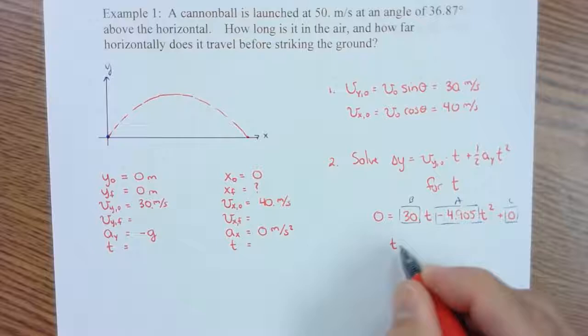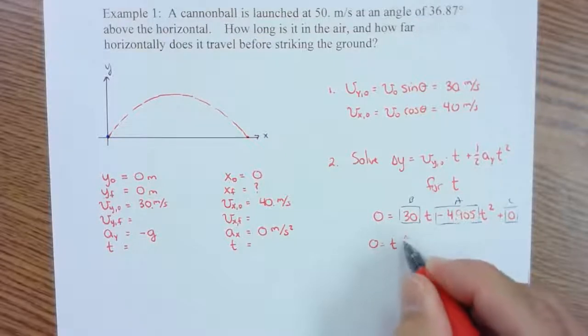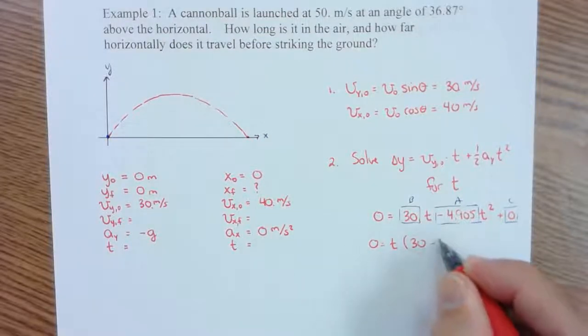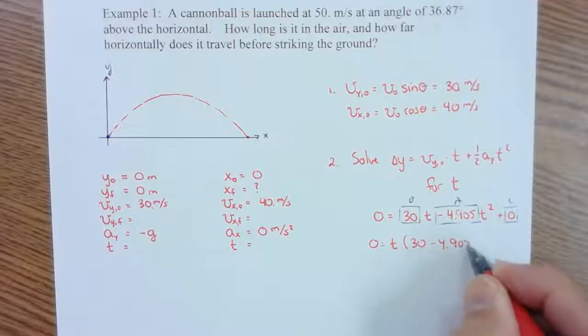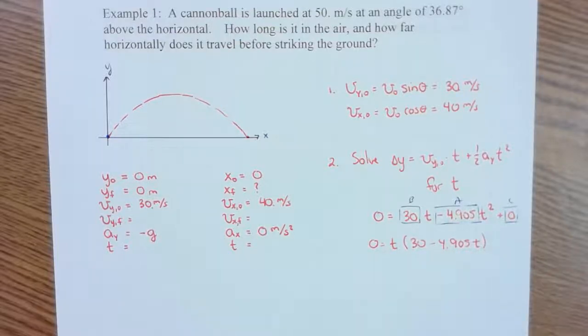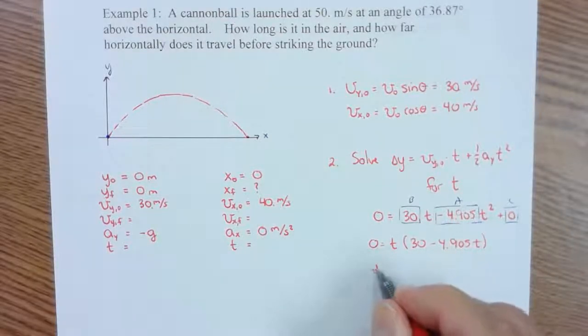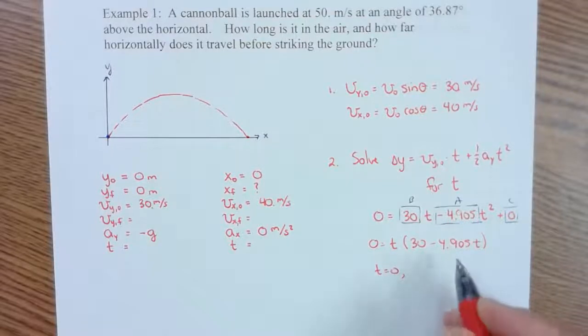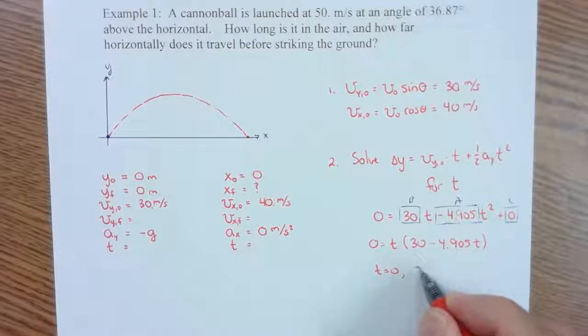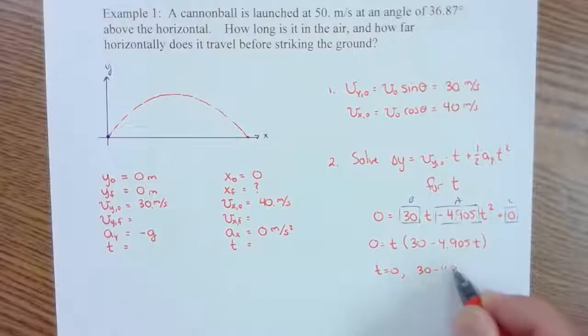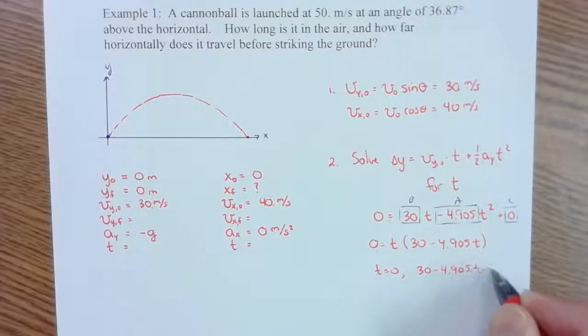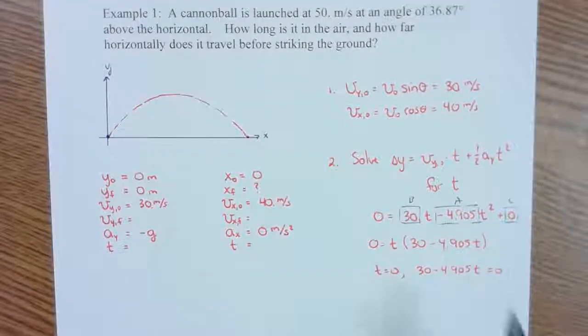You can factor out a t, so we have 0 equals t times (30 minus 4.905 t). And so either t equals 0, that's one solution, or 30 minus 4.905 t equals 0. This is a very easy equation to solve.